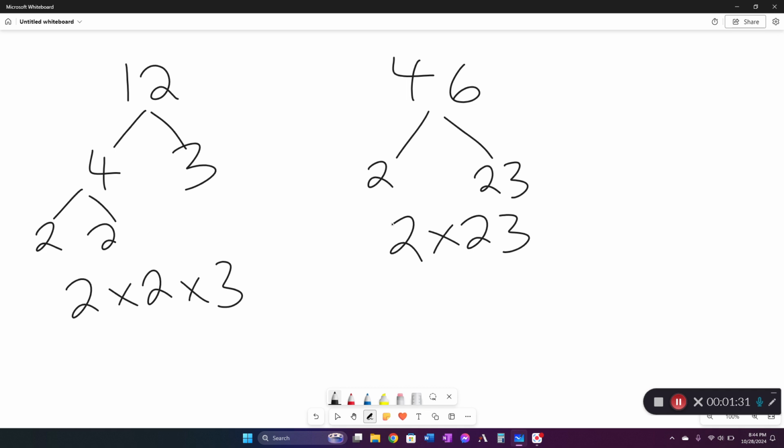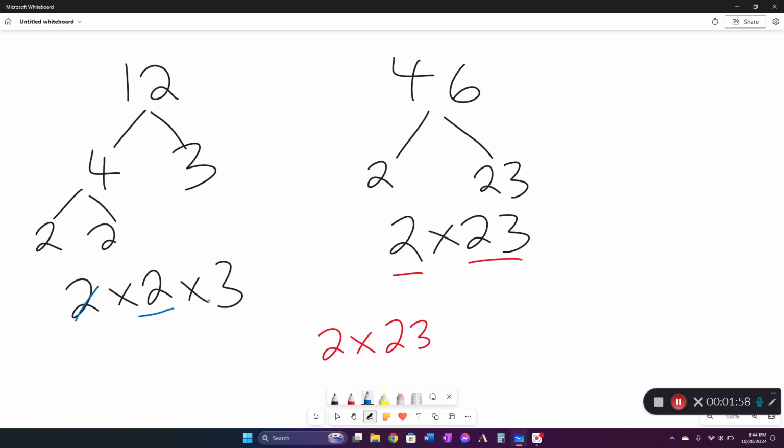Okay. So the lowest common multiple has to have all of these numbers accounted for in its answer. So let's start with 46's numbers. We need a 2 and we need a 23. Now let's look at 12's prime factorization, see what we need. We've already got a 2 in there.